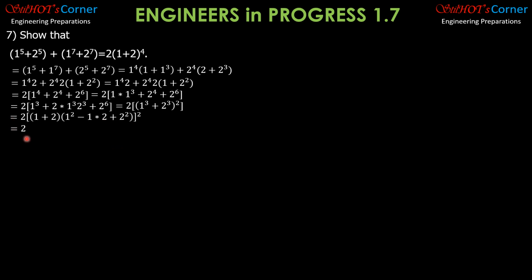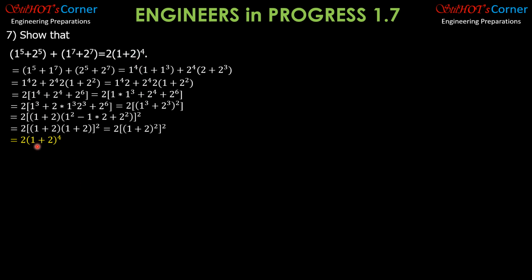So we write this as 2, quantity 1 plus 2 times 1 plus 2, then squared. Since 1 plus 2 times 1 plus 2 is 1 plus 2 squared, you have 2 times 1 plus 2 squared, then the quantity squared. Finally, this is equal to 2 times 1 plus 2 to the fourth. And we have just shown it there.